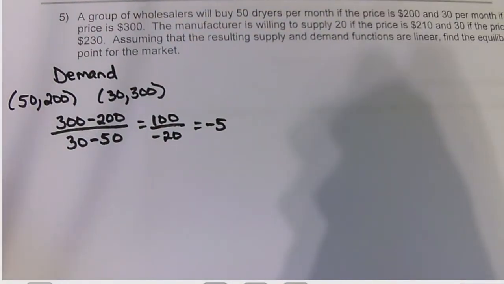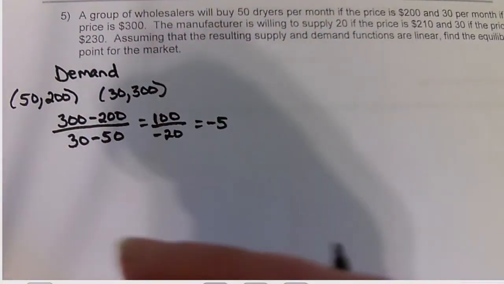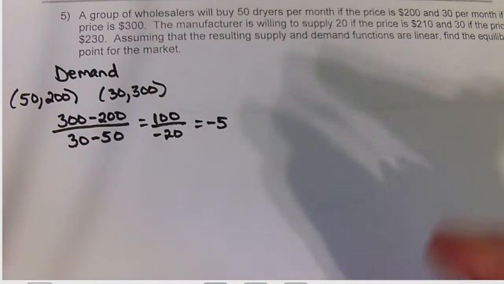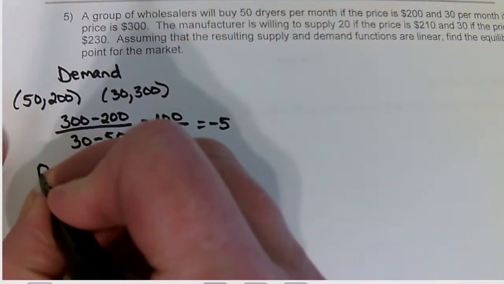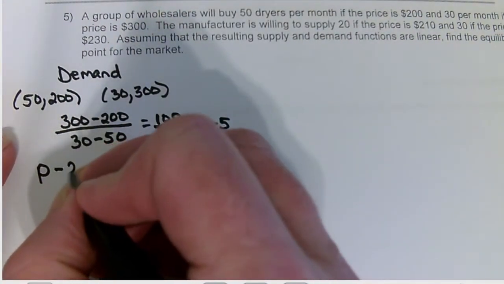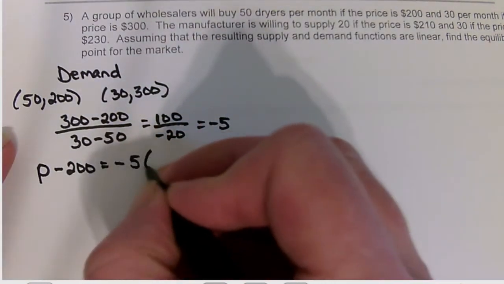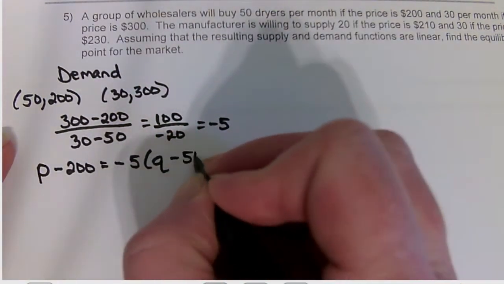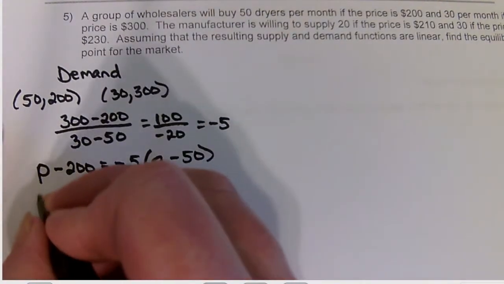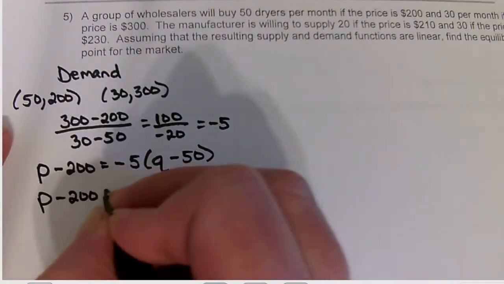And now I need an equation for demand. I can use either point, and I'm going to use point slope. So the price minus 200 equals the slope times the quantity minus 50. Notice how everything comes together from what we've already learned.